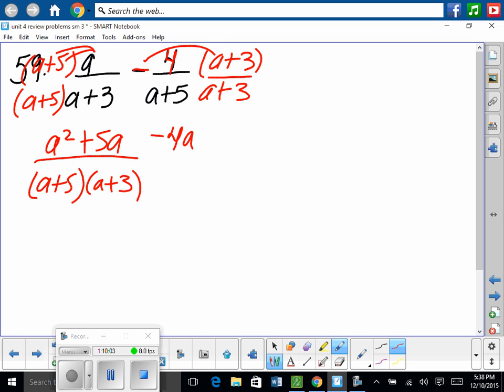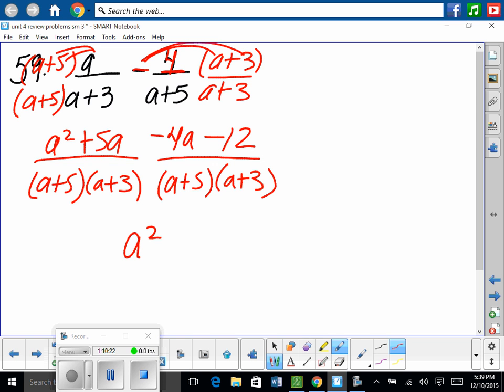But carefully, you've got to distribute the negative 4 through to the negative 3, which is negative 12. So we have that all over a plus 5 times a plus 3. If you distribute the negative through, then you've taken care of the negatives and you can simply add like terms on top. So we have an a squared on top, no other a squared, 5a's minus 4a's is plus 1a's, minus 12, all over a plus 5 times a plus 3.